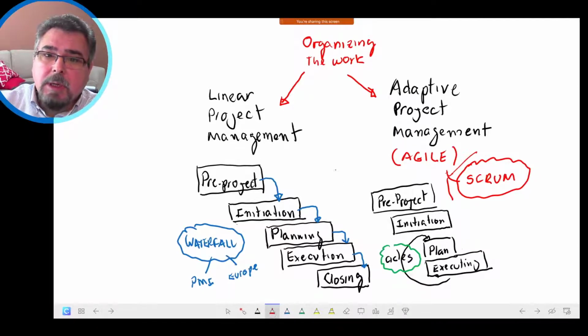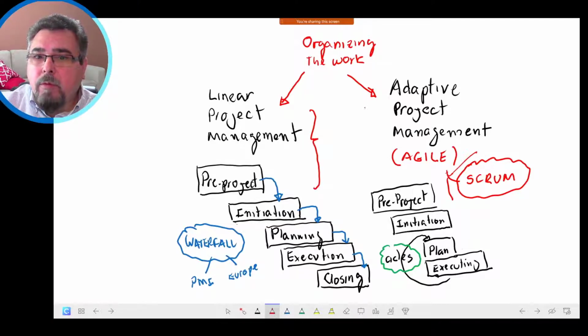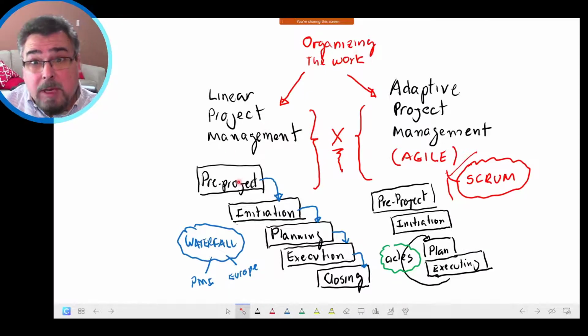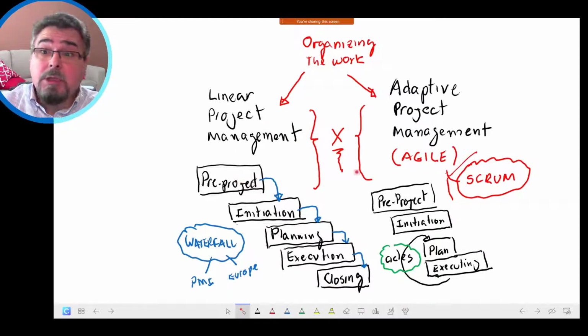That we'll be comparing both methodologies. We'll try to understand when to use the linear project management methodology and when to use the adaptive project management methodology. So the class today will be focused on comparing and contrasting both methodologies.